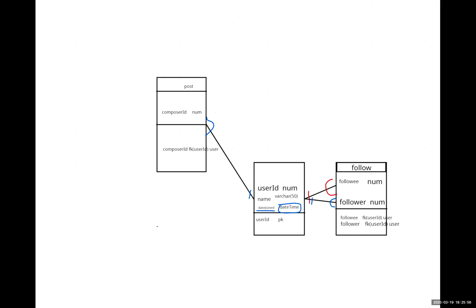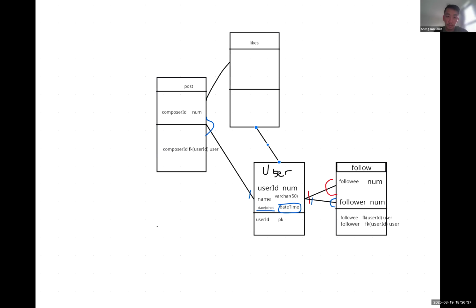I was thinking maybe make a likes table and then connect the user to the likes table and the likes table to the post. Yeah, like that. Oh, gave it away.